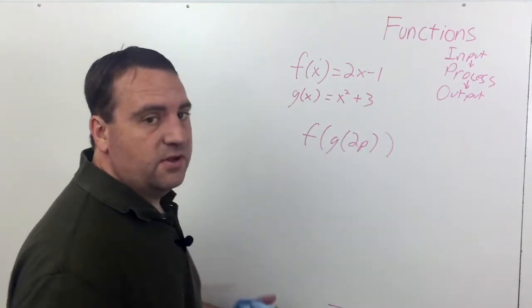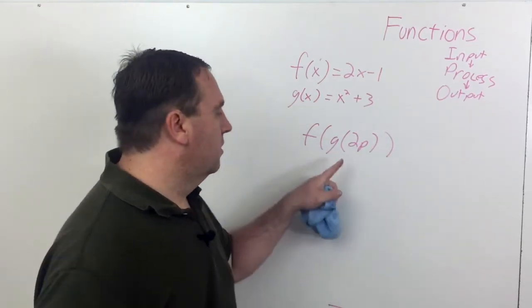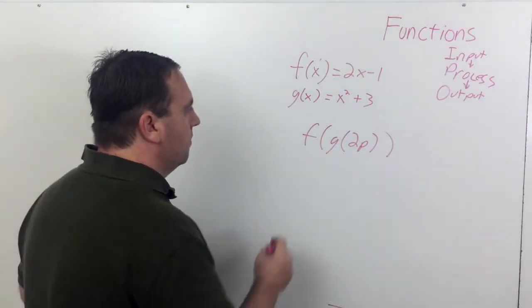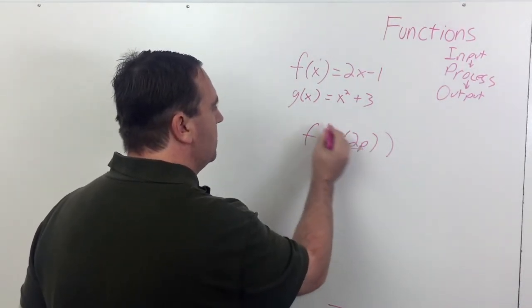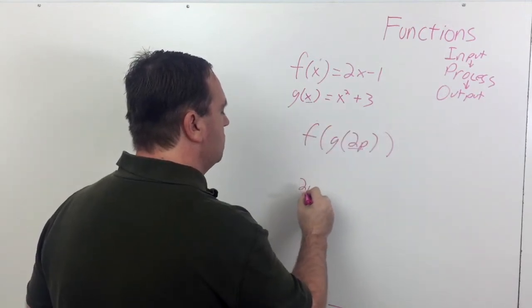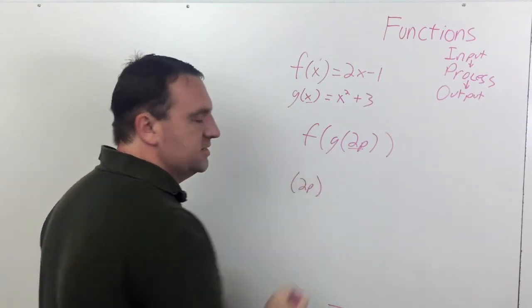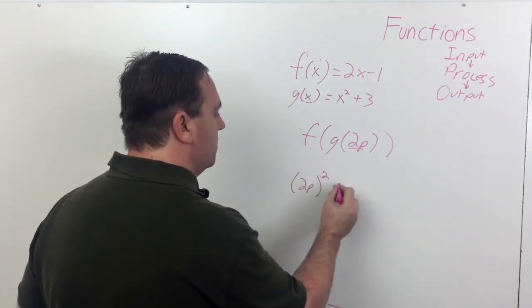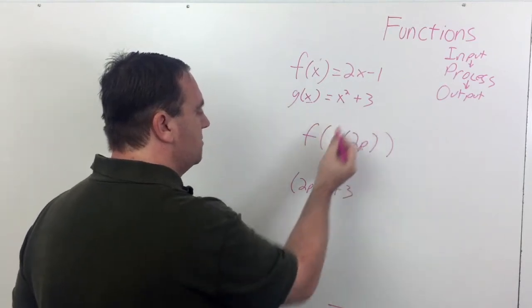Okay, so to solve this, we do it just like we did it before. We start from the inside and we say, what's G of 2P? Well, we put in 2P for our X in our machine. So that gives us 2P. Now remember, we're going to parenthesize this so we're not confused about how this works. 2P squared plus 3. So this is our machine.